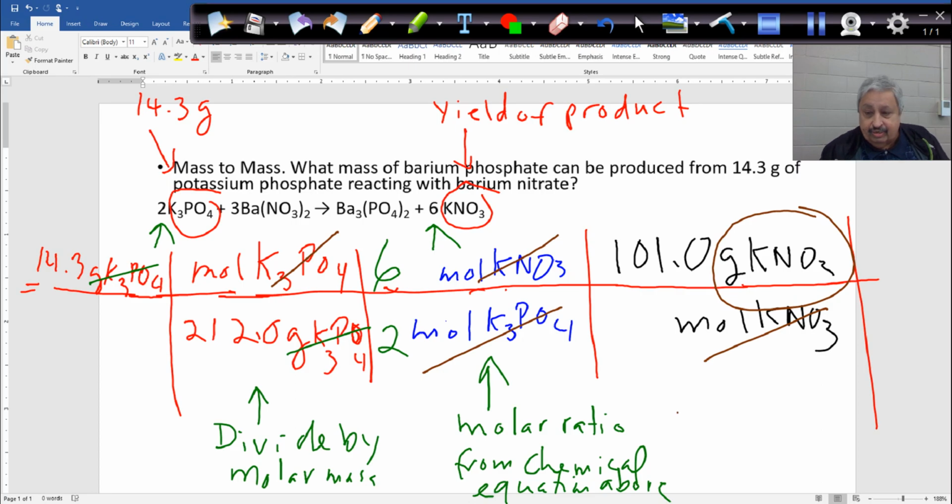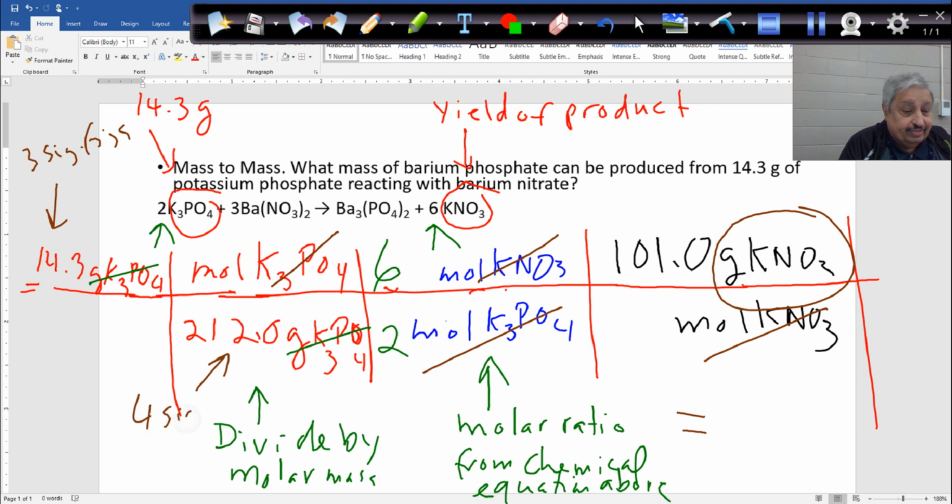So now the next step to watch for, what did we say? Sig figs, correct? Don't forget. This one, how many? 3 sig figs. This one, how many? 4 sig figs. This one, exact values, they are not part of the sig figs.